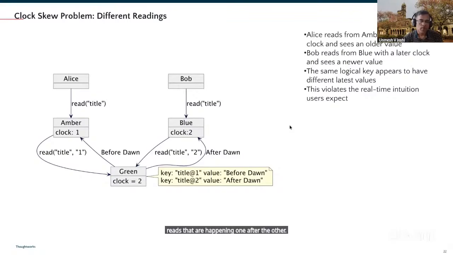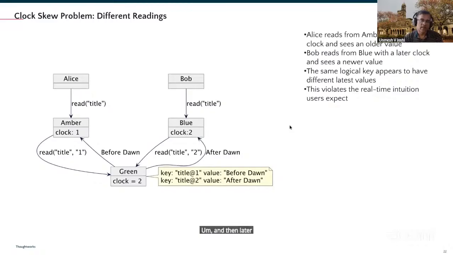Bob reads first, and Bob's read is handled by server blue. Blue picks up the timestamp on its clock as the read version for this read, so it reads at version 2 and gets the value after dawn.